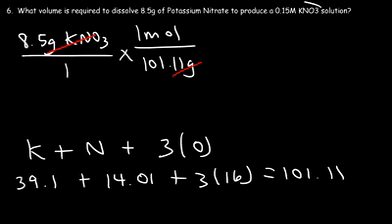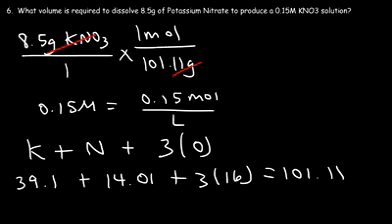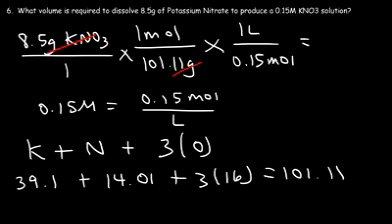Now let's use the molarity of the solution. So a 0.15 molar solution means that there's 0.15 moles of solute per 1 liter of solution. In order to get the unit moles to cancel, we need to flip this fraction. So we're going to put the 0.15 moles on the bottom and 1 liter on top.